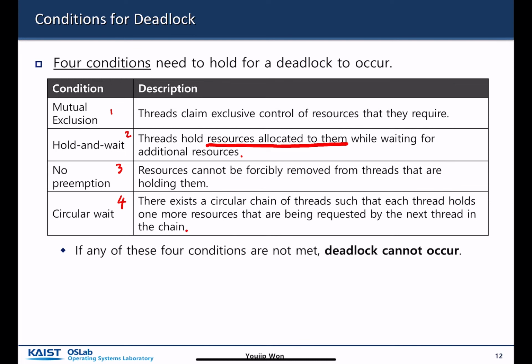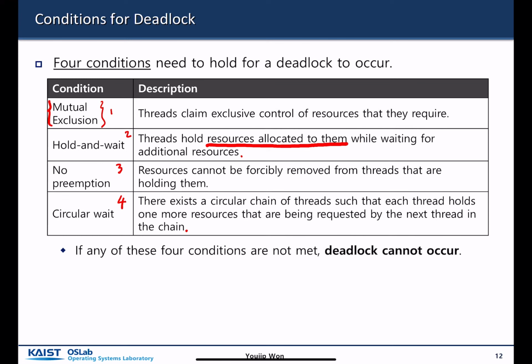To prevent the deadlock from occurring, if we can ensure that some of these conditions cannot be met, then the deadlock can be prevented fundamentally. But some of the conditions we cannot eliminate. For example, the mutual exclusion. Some resources should be held in a mutually exclusive manner, so we cannot eliminate this condition.